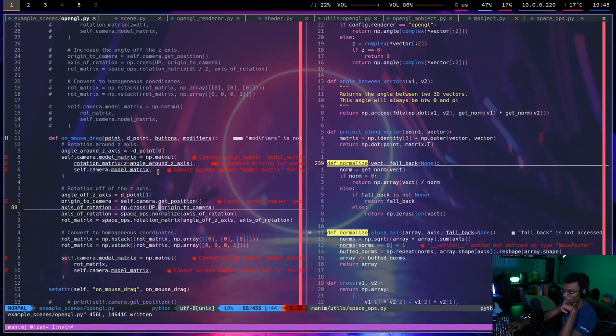When I cross the up and the origin to camera vectors, and I get this, I'm gonna try checking just to make sure this is doing what I expect.